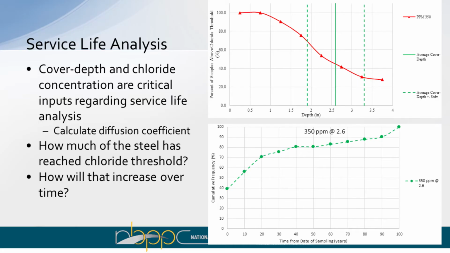This is at the depth of steel. So we have an average cover depth based on the GPR data, plus or minus a standard deviation. So this is where most of our reinforcing steel is on this bridge deck, between 2 and 3.5 inches of cover. And we can see that at time 0, the day we surveyed the bridge, about 40% of the locations have a chloride concentration above threshold.